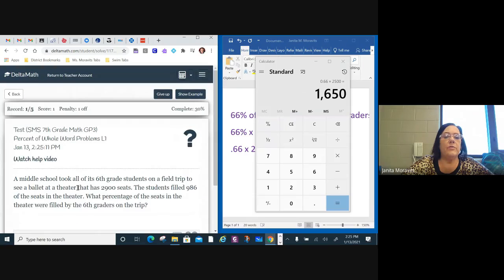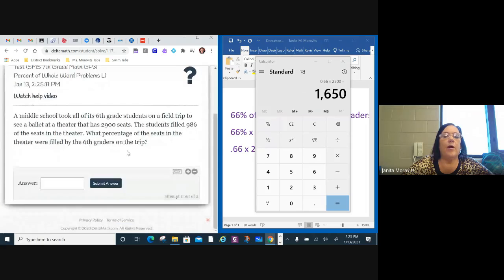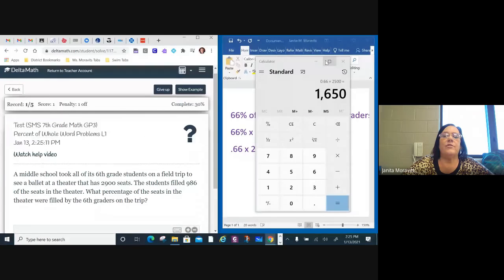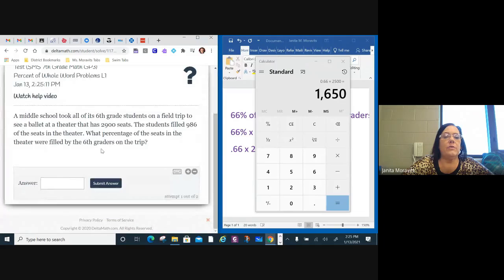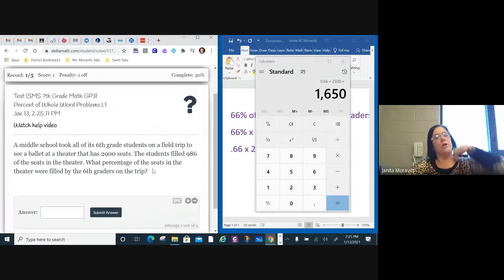Now I'm going to tell you that you're going to have to read the problems. You're going to have to write down numbers. You're going to have to make your sentences, and then you can figure out your answer to the questions. This wants to know what percentage of the seats were filled with sixth graders.